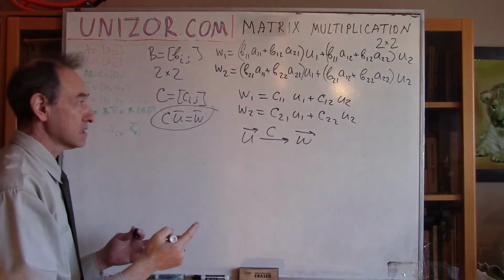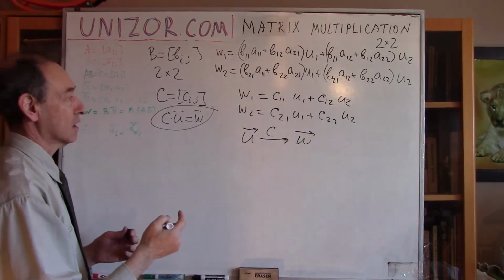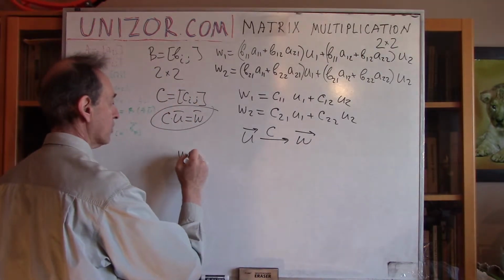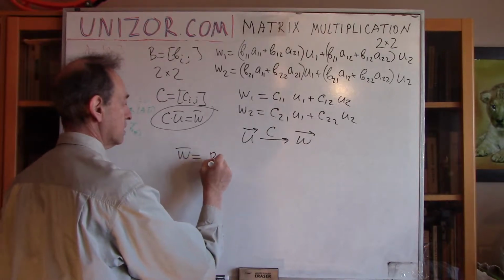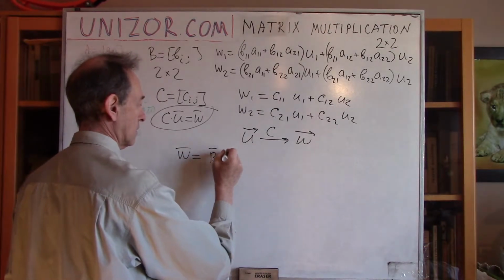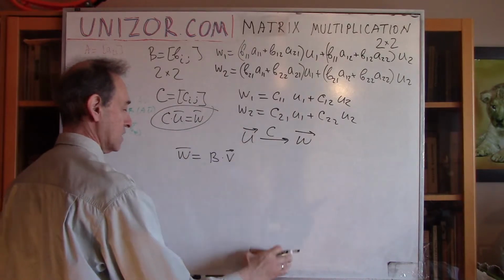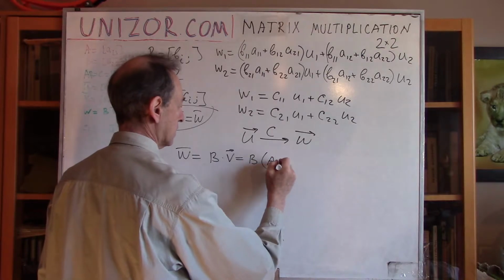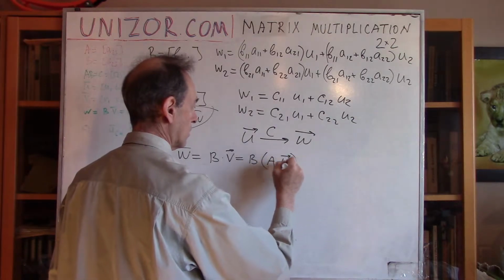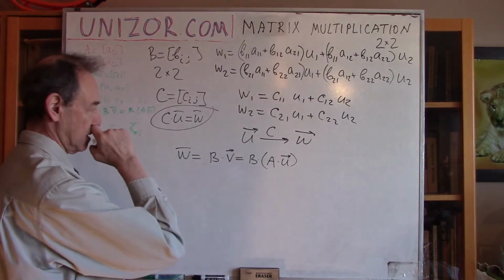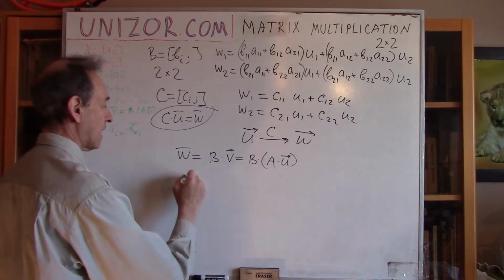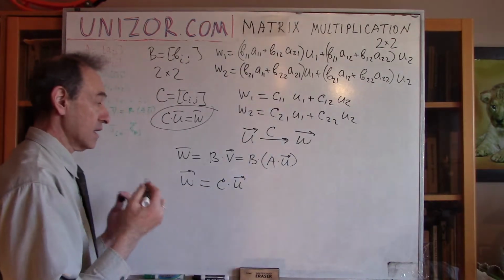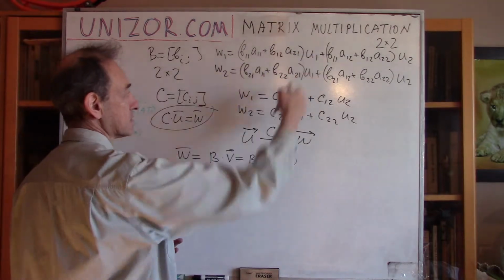So this is basically a definition of my multiplication, because W is equal to B times V, B is a matrix, V is a vector, V in turn is equal to A times U, A is a matrix, U is a vector. On the other hand, I have that W is equal to CU.